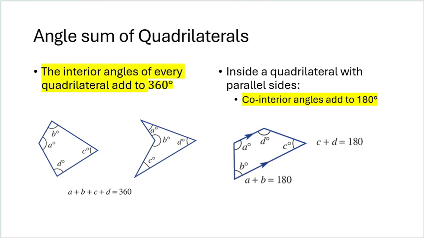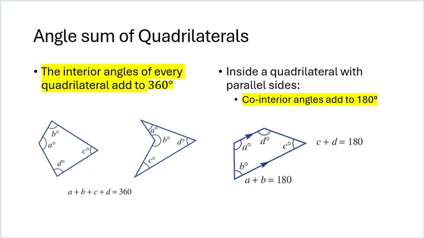The next thing to write down would be this, the angle sum of quadrilaterals. The interior angles of every quadrilateral add up to 360, okay? So it doesn't matter if it's a quadrilateral, a four-sided shape, it always adds up to 360. If a triangle adds up to 180, a quadrilateral adds up to 360.